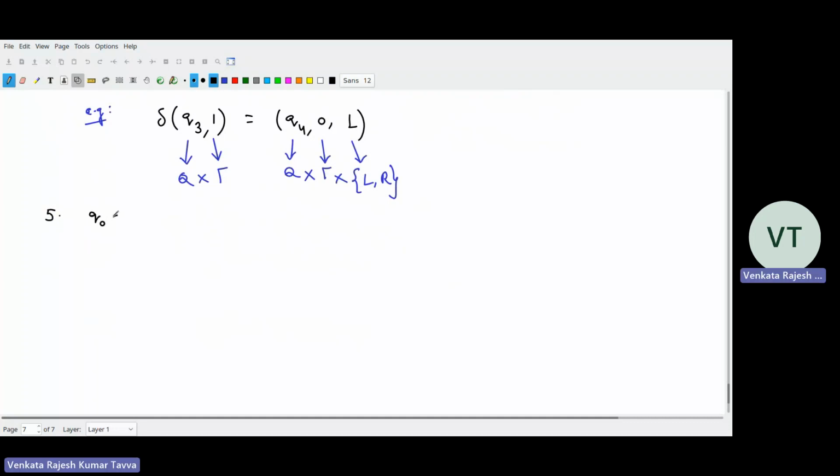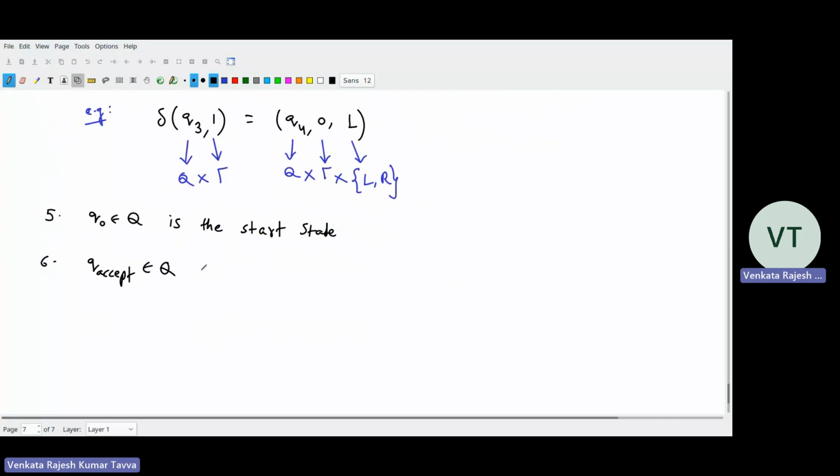Q naught belongs to Q is the start state. Q accept. Technically, because you have it in PDA and NFA, you will have it in a Turing machine also.